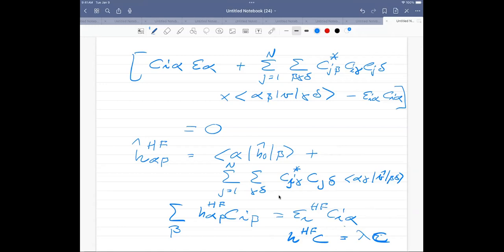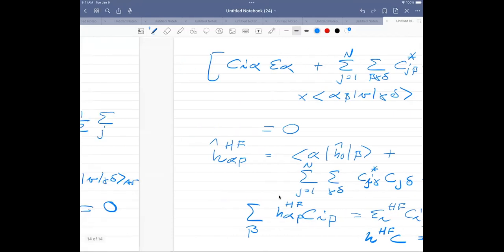Because you can have terms which are 0, but that is because of specific symmetries which are conserved. So if you have a spin symmetry which is obeyed, then if you try to put together matrix elements with a spin half, spin up, and a spin down, these matrix elements will be 0.